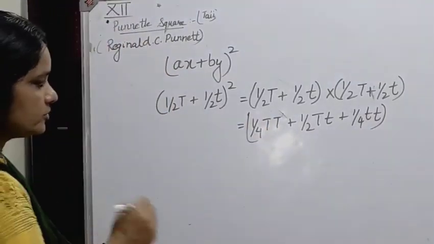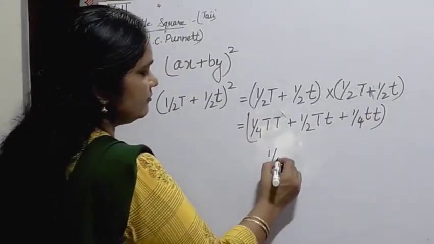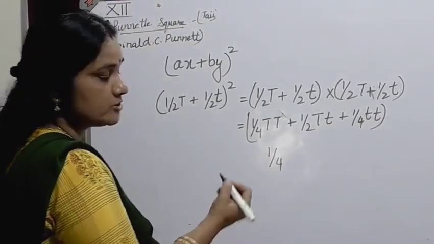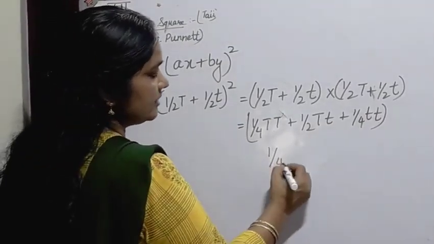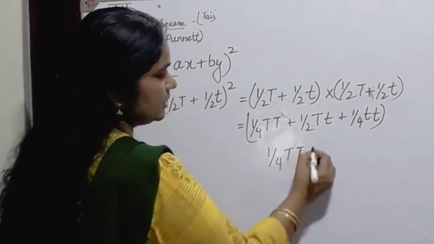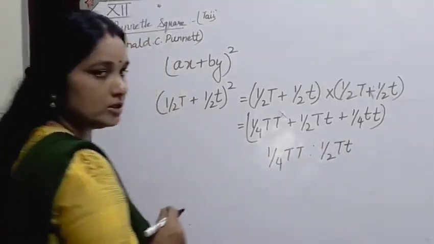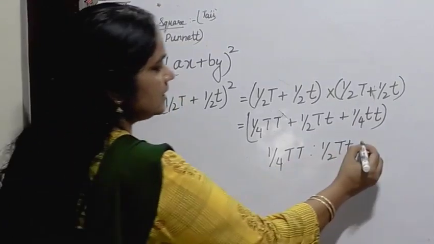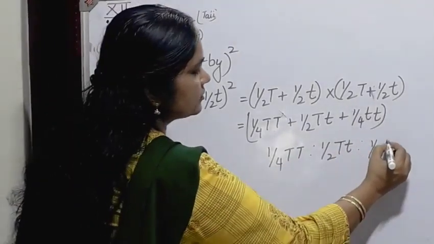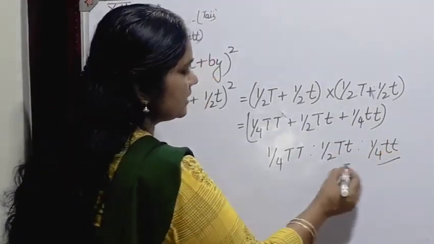So the genotype ratio was 1/4 of the dominant, capital T and capital T, 1/2 of the heterozygous condition of capital T and small t, and finally the last one, 1/4 of the small t and small t condition.